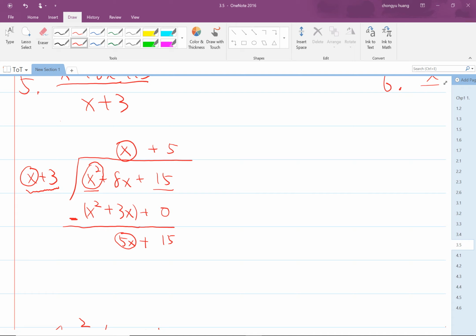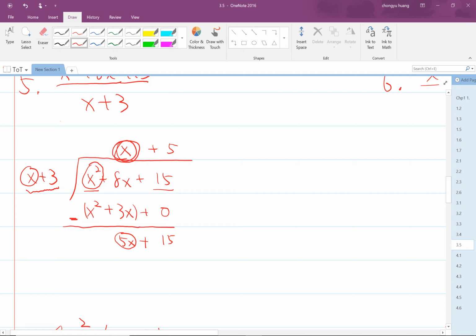At the beginning we multiplied by x because we want to get rid of x squared. You can see the process here: x squared minus x squared, so we get rid of x squared.